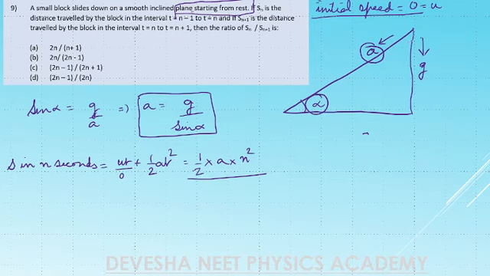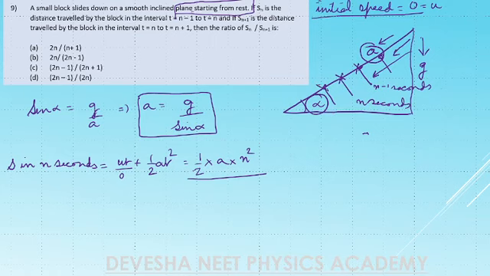Now what are we seeing here? So imagine a body is falling from here. Now imagine that it keeps falling like this. In n minus 1 seconds, it might have reached here. In n seconds, it would have reached this point.